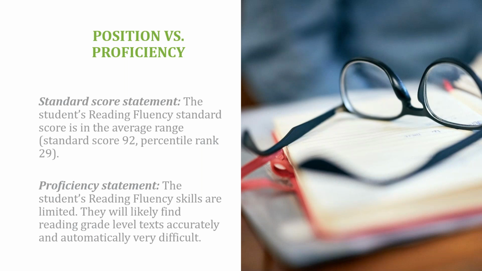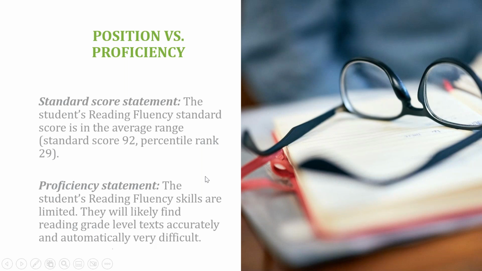They will likely find reading grade level texts accurately and automatically very difficult. Sounds like two very different students, when in fact it's the same student, but we're looking at their performance on the WJ through two very different lenses.